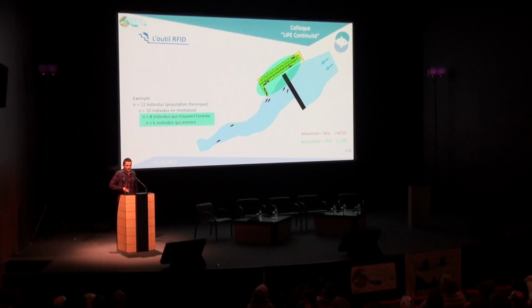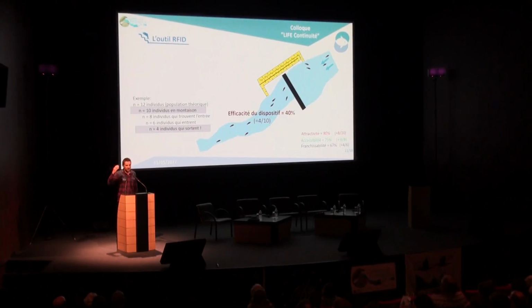And out of 8 of these fishes, only 6 actually go inside. 6 is the rate of the accessibility of your fish pass. And out of the 6, only 4 come out and go downstream.